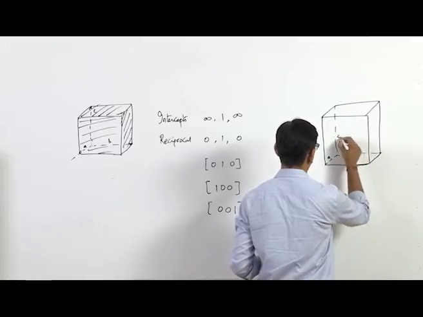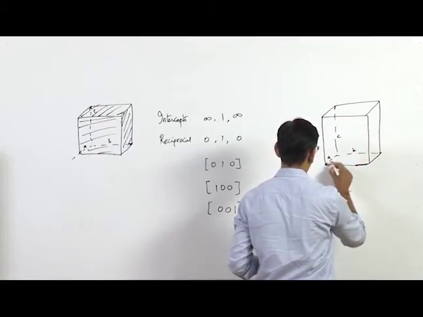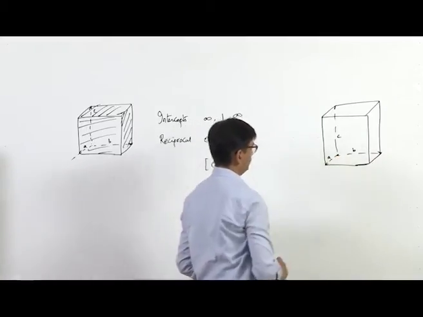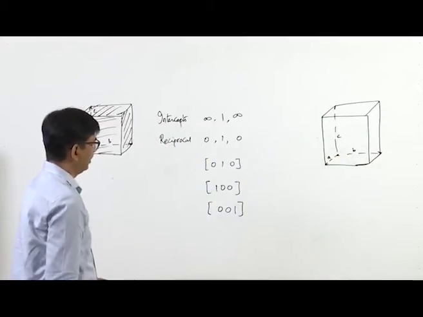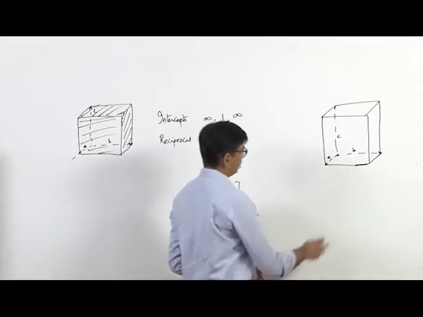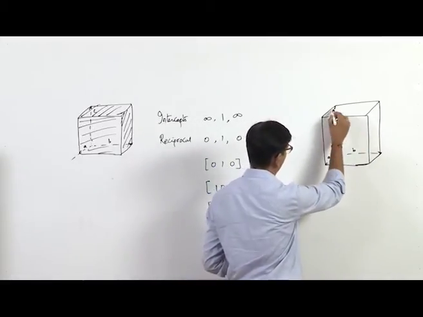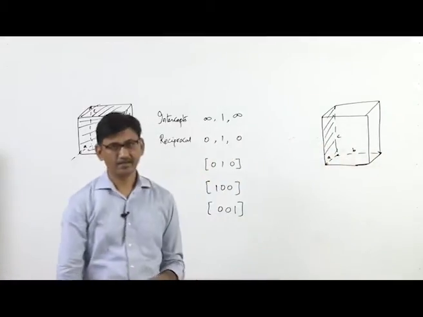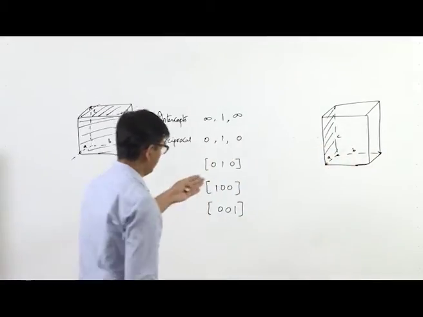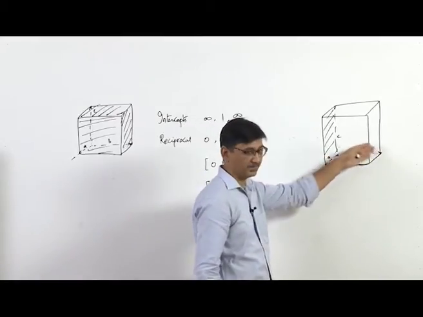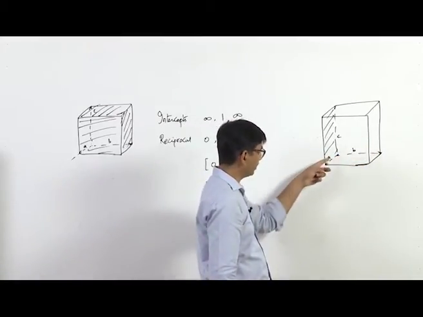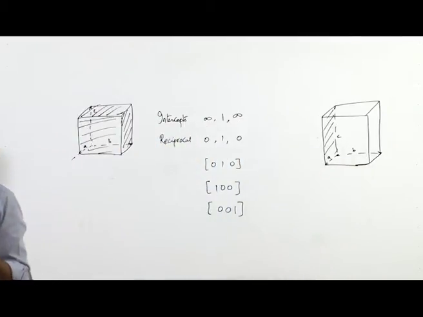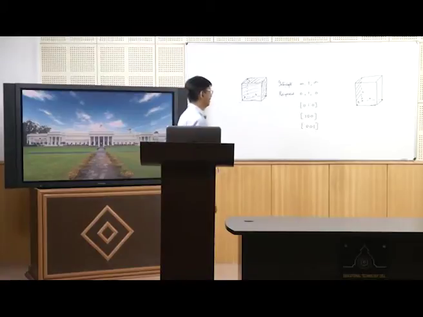Again A, B, C. These are all my positive directions, and this is my origin. Now I want to know, for this plane we have already seen, what is the indexing of this plane. Again the same plane, a plane like this, is parallel to this, but the problem is it is passing through the origin. Now how to find out the intercept, because it is passing through the origin?